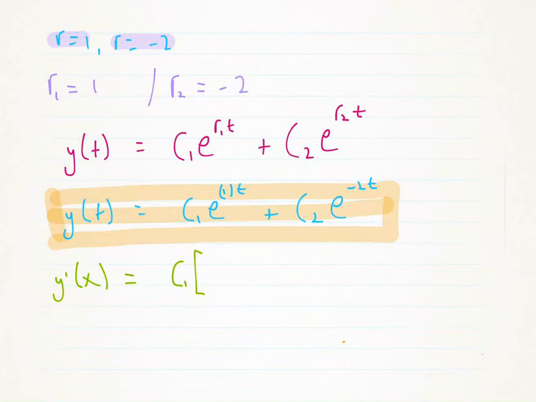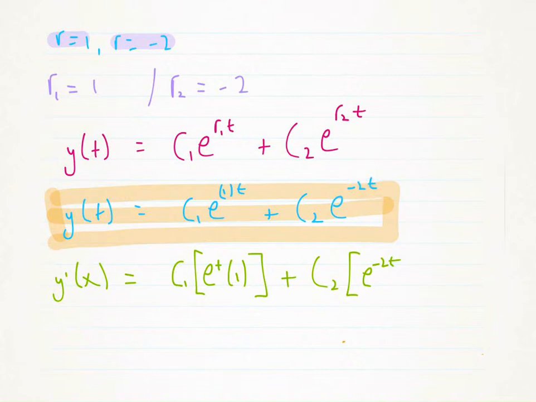So differentiate the e to the t, and remember, we just write it out again and multiply it by the derivative of that, which is just 1, plus c2. Remember, that's just a constant. Differentiate e to the minus 2t, well, you just write it out again, and remember, we differentiate that and multiply it.